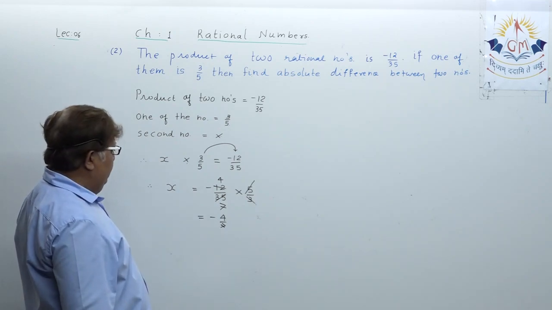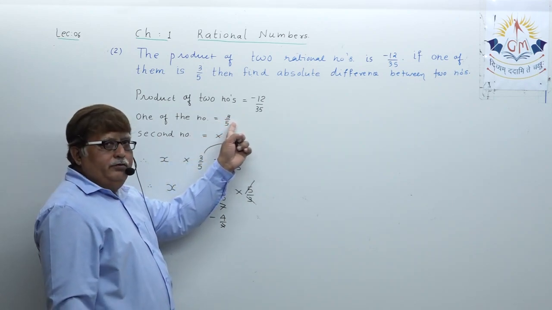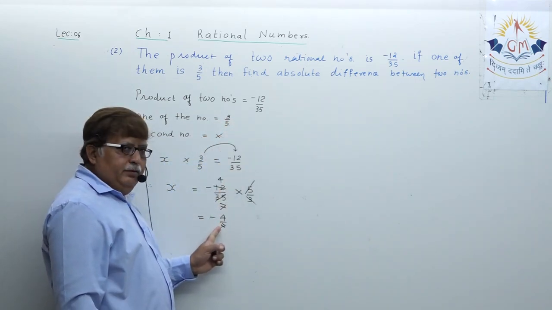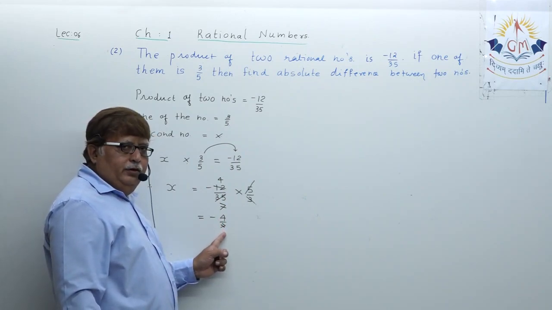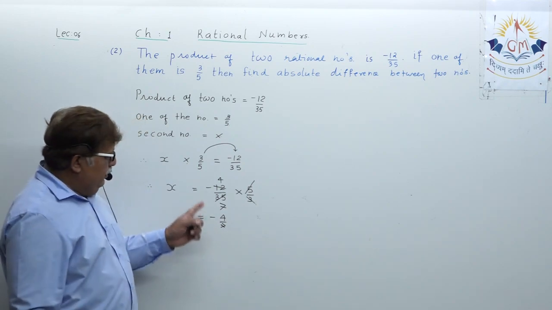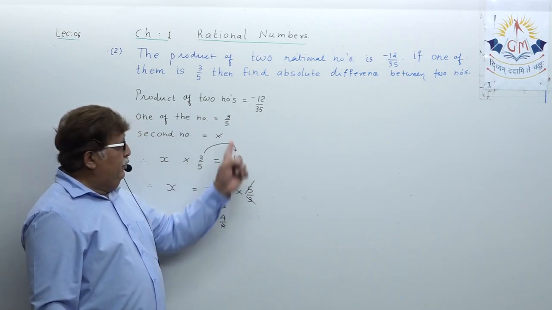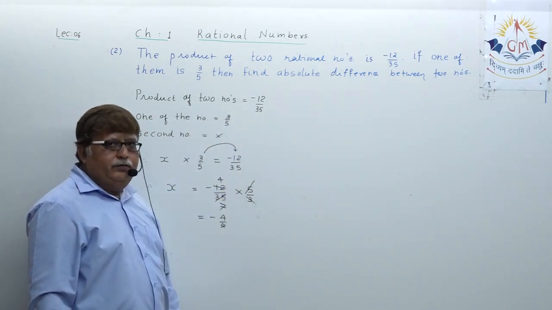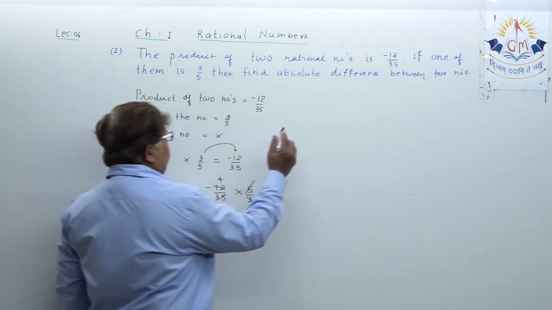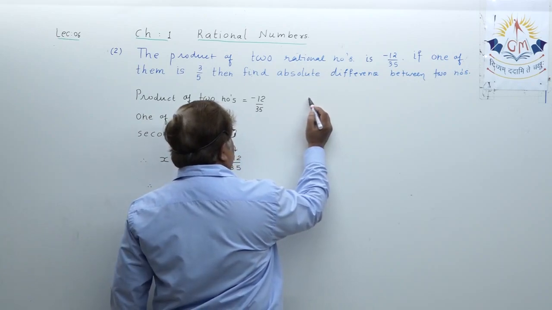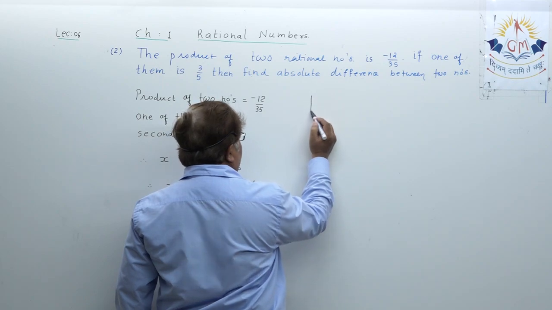So dear student, we got two rational numbers. First was 3 upon 5. Second, minus 4 upon 7. As you got two rational numbers, let us find their absolute difference. Absolute difference you know how to find.